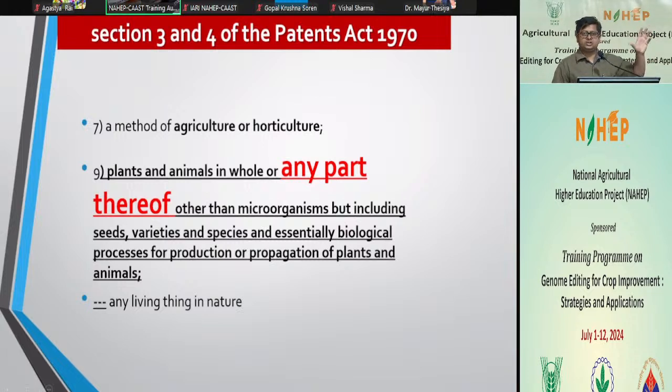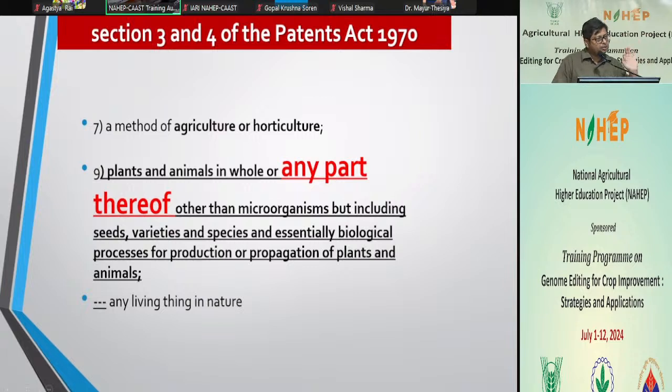This is very important because it will be a matter of discussion in a court case: what is a part of a plant? For example, you have used genome editing and developed a construct, and your plant has got a very good mutation. Yield is increased by 50%. But where is that mutation? It is in the DNA. And where is the DNA?